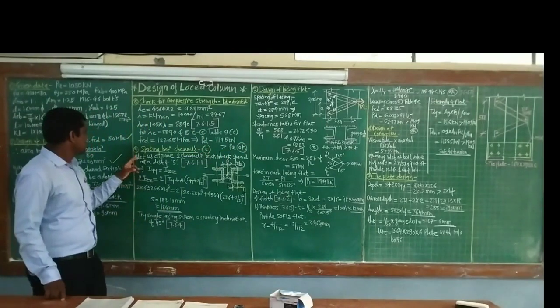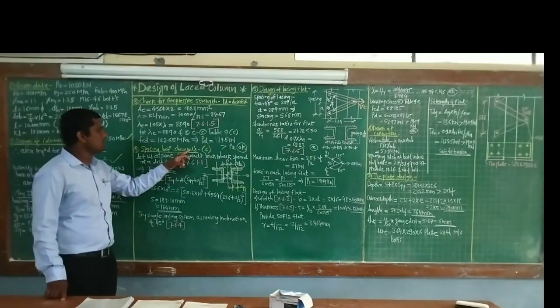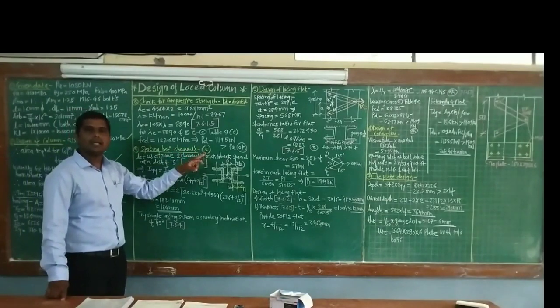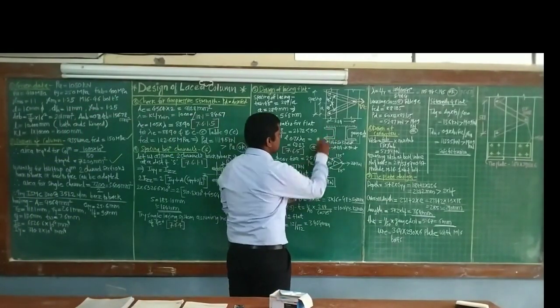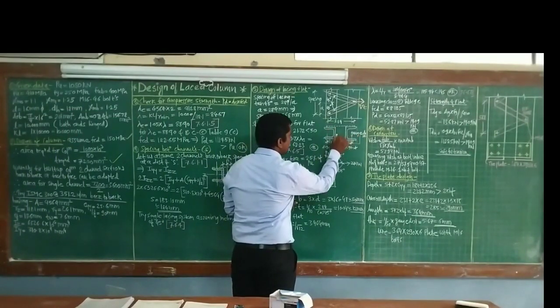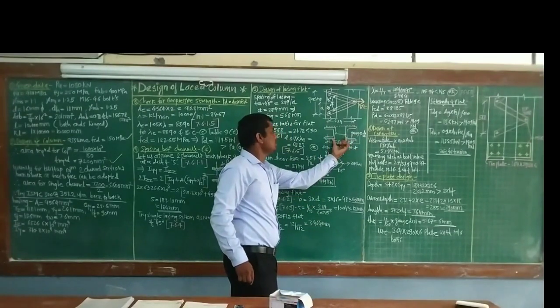Okay, then the fourth design step is the spacing between the channels, denoted by capital S. We have placed the channels back to back, and we are going to find out this spacing, which is the distance between these two channels.